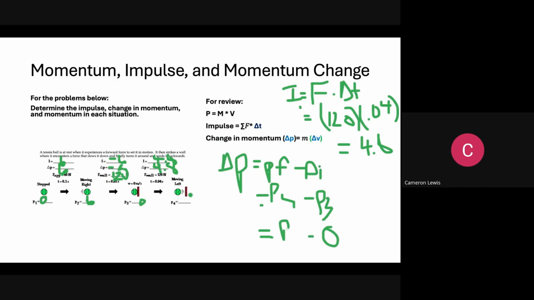And I'm trying to find P4. But what is my change in momentum between P3 and P4? 4.8. Therefore, if this is 0, then 4.8 is equal to P4, my final momentum.